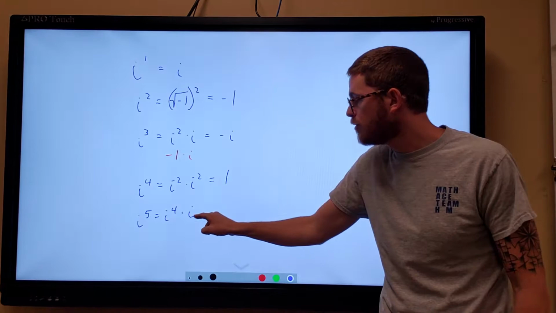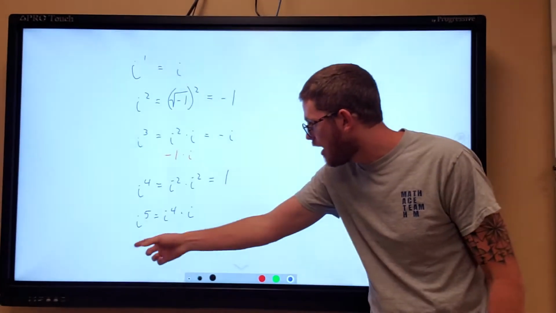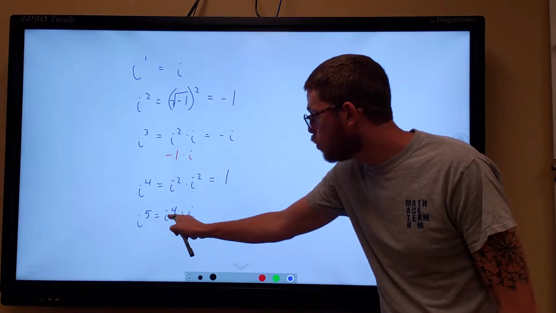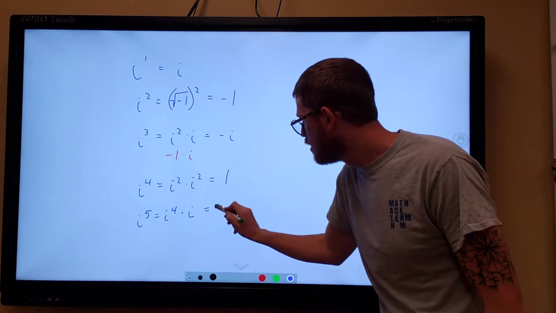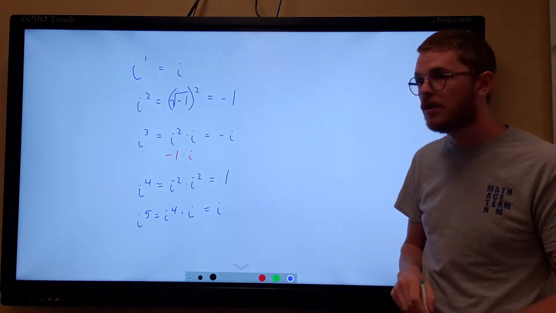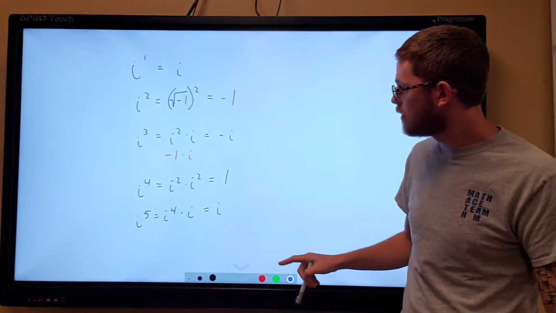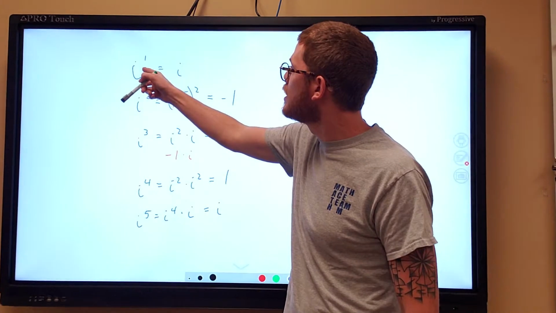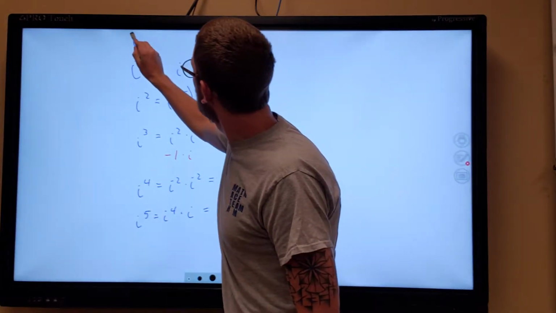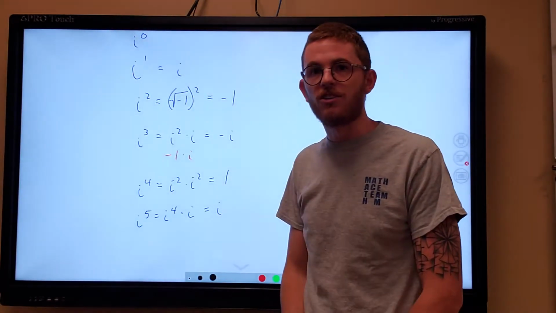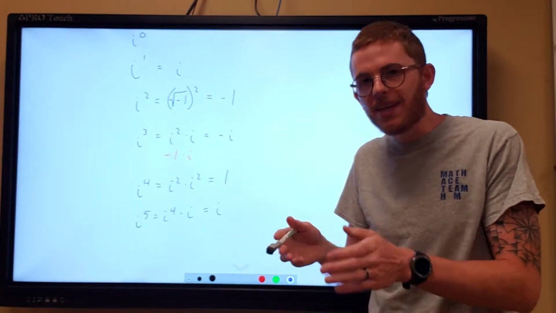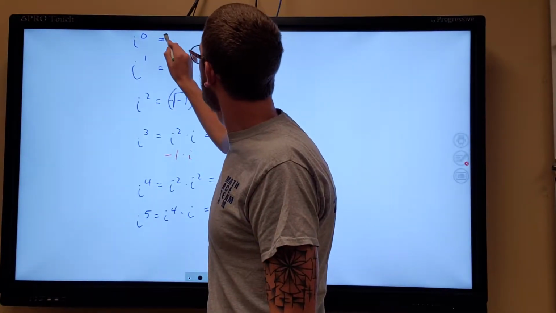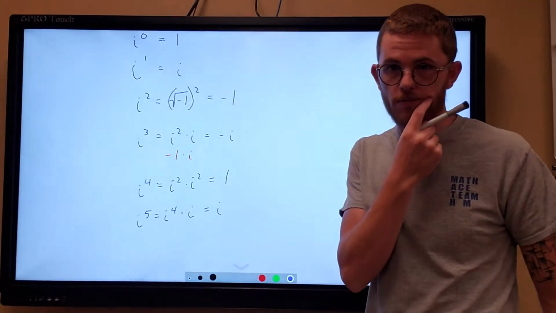I to the fourth times I is I to the fifth. I to the fourth is 1, times I gives us I. And let's add one more thing to this. If we go back to the beginning, let's look at I to the 0 power. Anything raised to the power of 0 is 1.